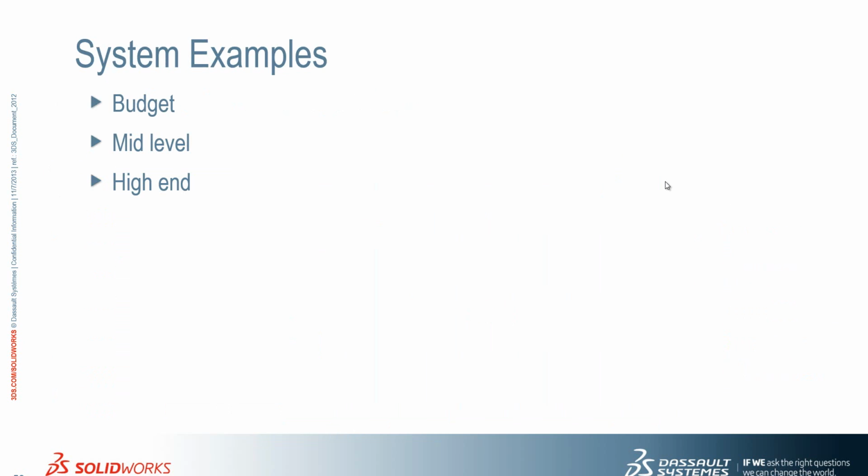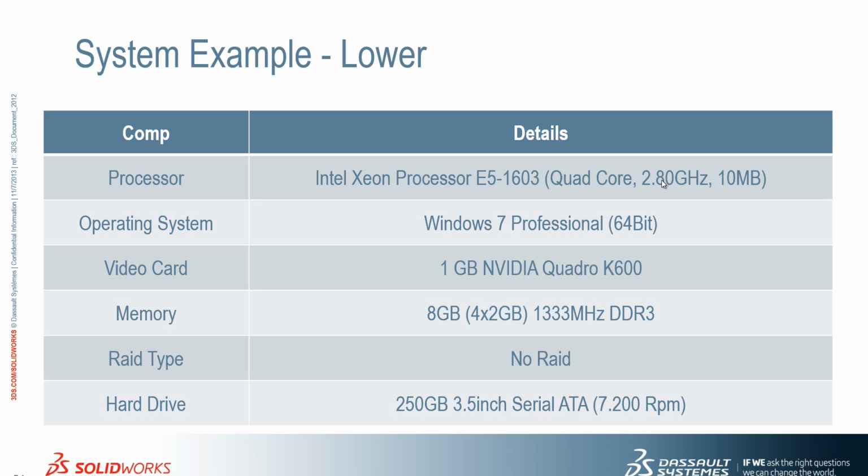Okay. So just some examples of budget machines. If you're watching this in future, this is set up around October 2013, so apologies if you watch this in the future and it's a bit out of date.